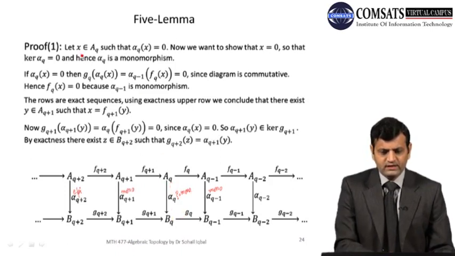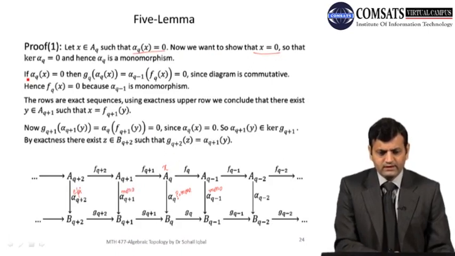So let's take x to be an element of A q such that alpha q of x is 0. If we want to show that alpha q is a monomorphism, or one to one, then we have to show that the kernel of alpha q is 0. So any element which goes to 0 in B q must be equal to 0. We chose this element x belonging to A q which goes to 0 under alpha q. Now we have to show that this x is 0.